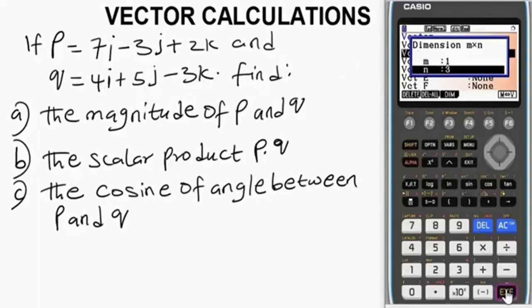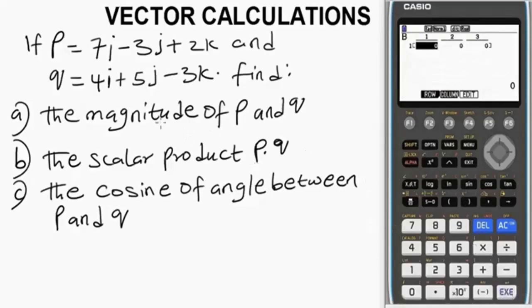Press Execute. Now let's enter the values for vector Q, which are 4, 5, and -3. Note that as I input the values, they are being stored on the calculator automatically. So let's press the Exit button and begin to find what we are asked to find.